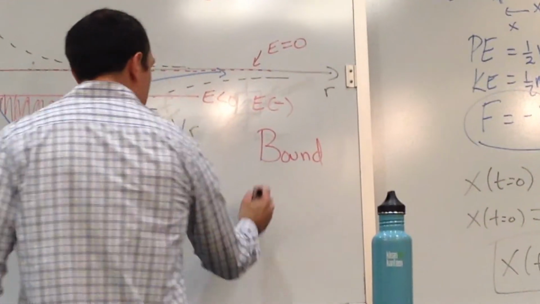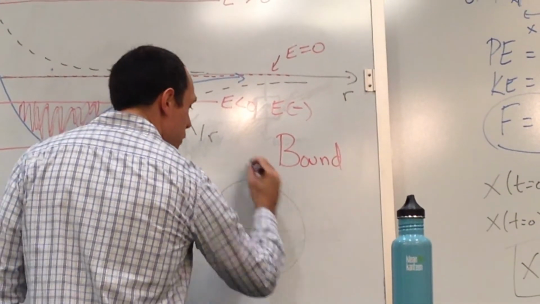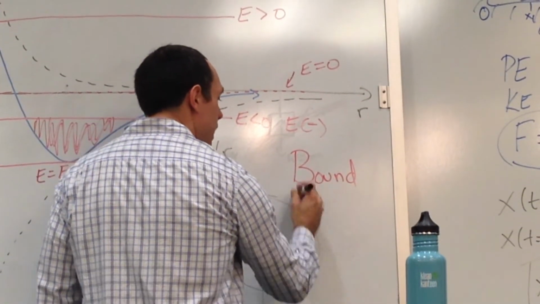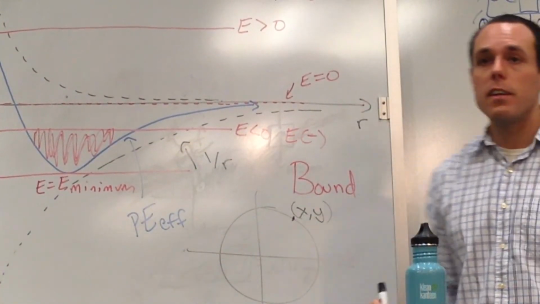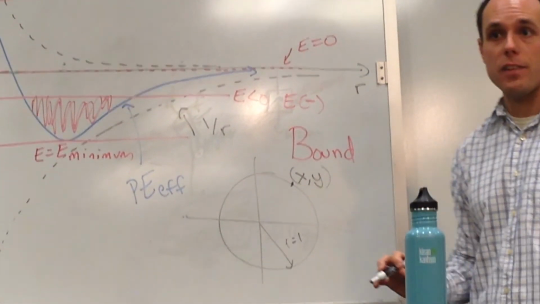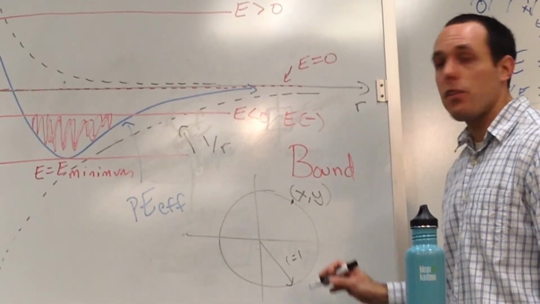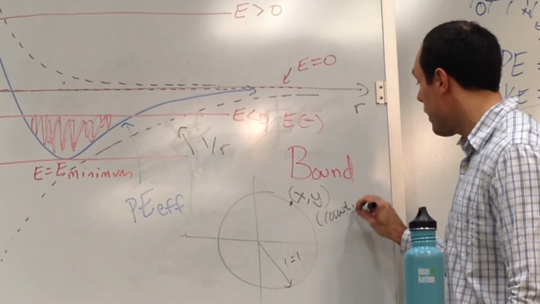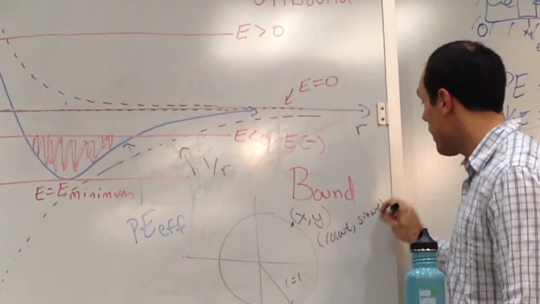And why is this oscillatory? Well, just remember one thing. Any point xy on the unit circle, meaning the radius is 1, so I don't have to deal with constants, can also be given by the cosine of omega t, sine of omega t.